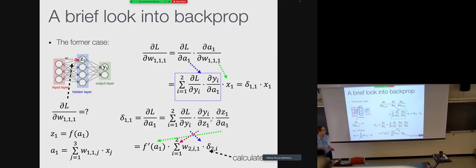If you do the calculations, each of these terms becomes that. dZ over dA, from this equation here, is just f prime of A1. dY over dZ is this. And this term, again, we label it as delta 2i. This is another gradient that we save.